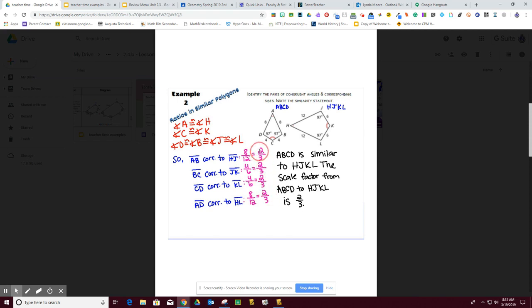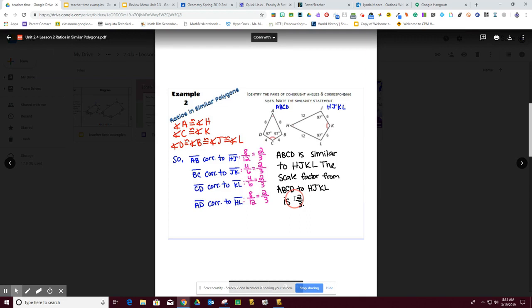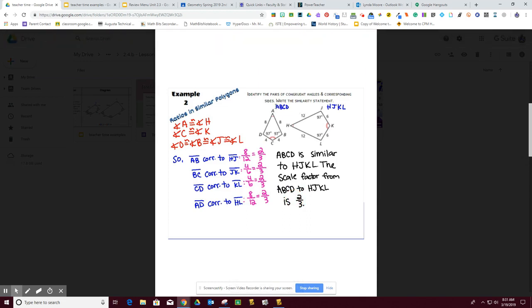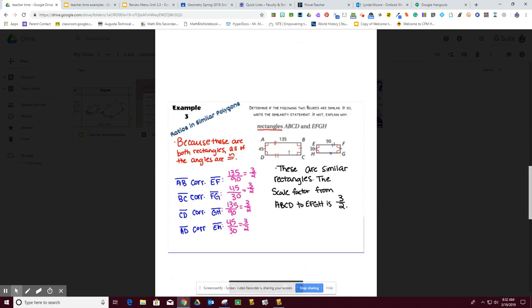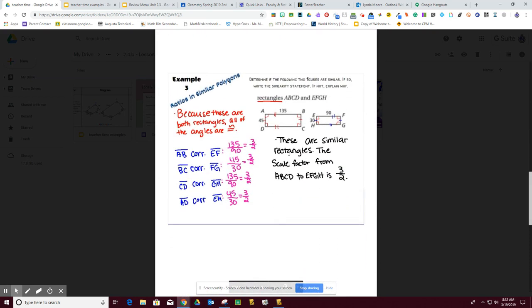Because they all reduce to the same scale factor, we know that these are similar. So the statement of similarity would be quadrilateral ABCD is similar to HJKL.